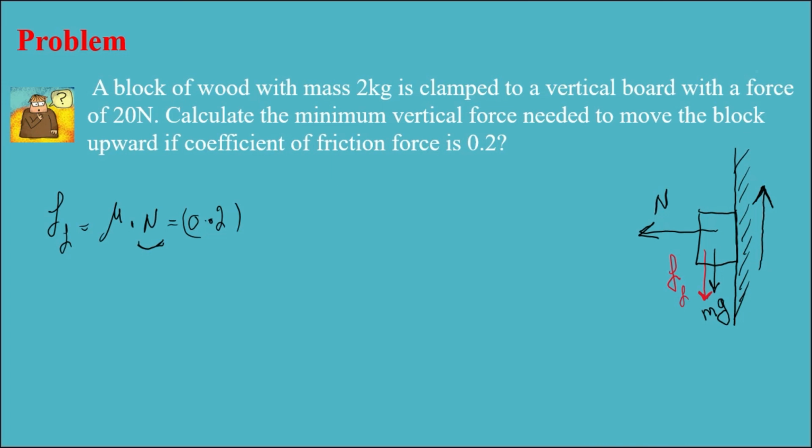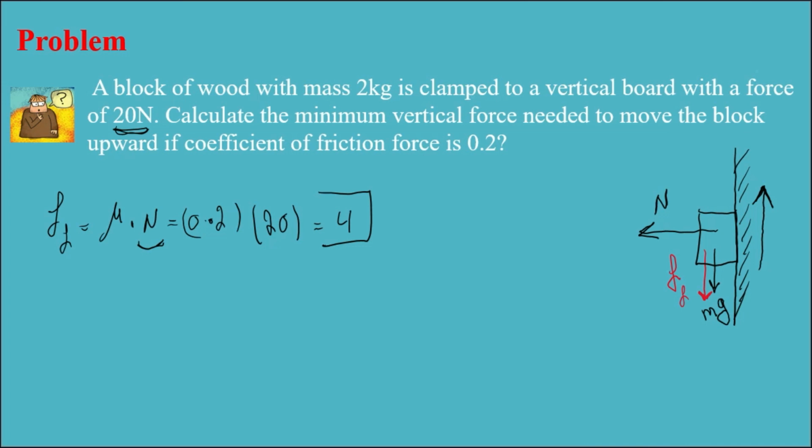So for the normal force, if you look at the problem, it gives me 20, correct? So I don't need to find it. It's gonna be 20, and then my answer is gonna be 4 for the friction force. Now I have FF. I can calculate the gravity, then I can calculate the minimum vertical force, right?